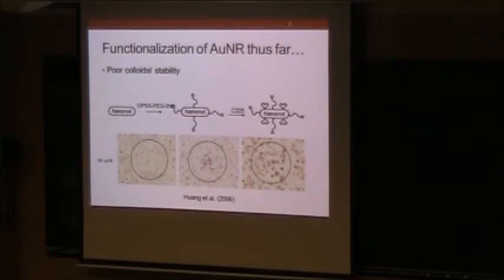And so this is Huang and co-authors, who did an in vitro study in 2006. And they wanted to functionalize their gold nanorods, and this is how they did it.